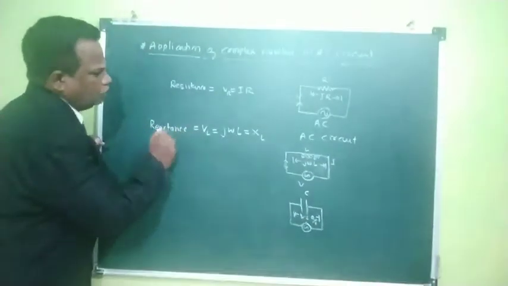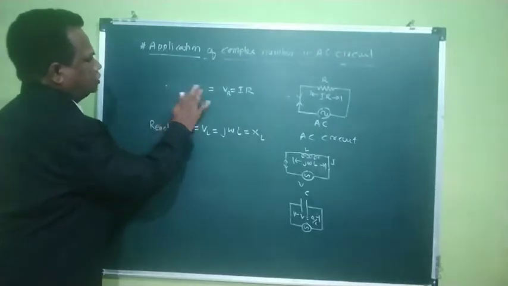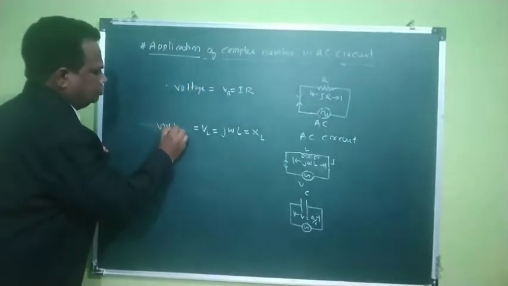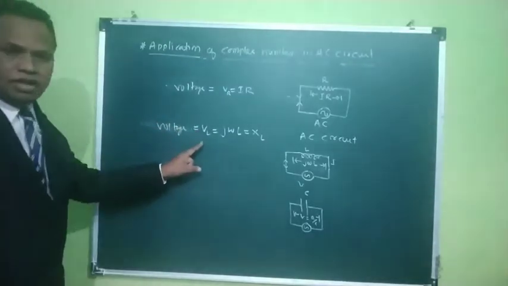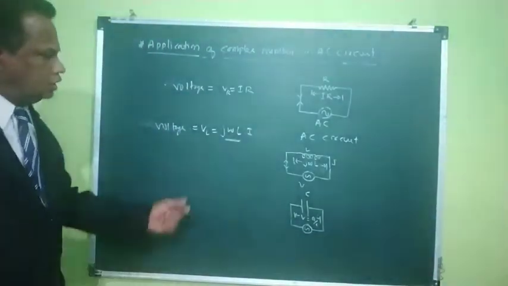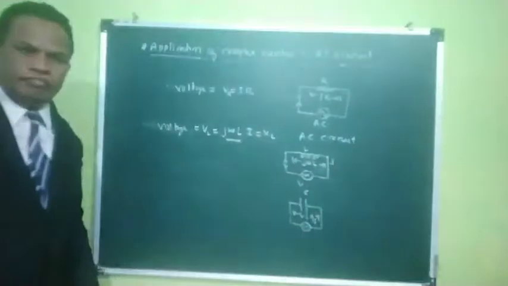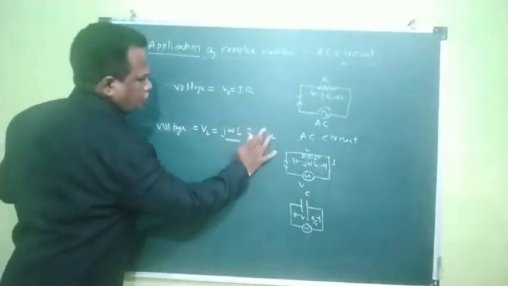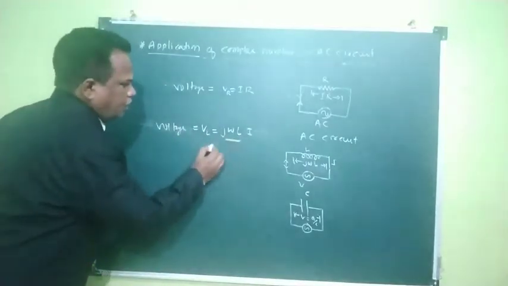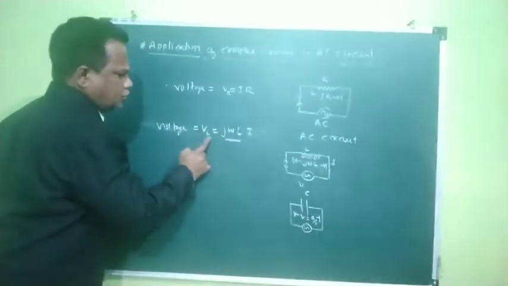Now the voltage across the inductance is VL, that is j omega L into I. So resistance into current gives rise to voltage.